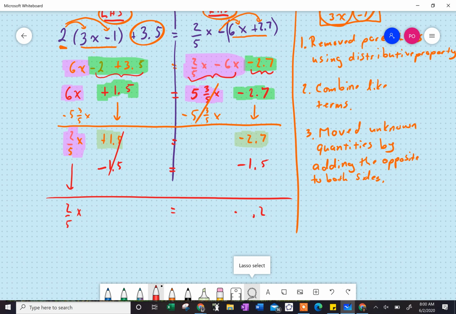I almost made a computational error there. So number 4: move constants away from unknowns by adding the opposites to both sides.